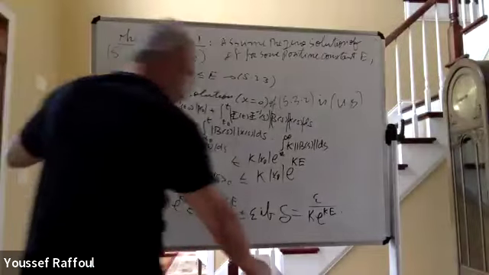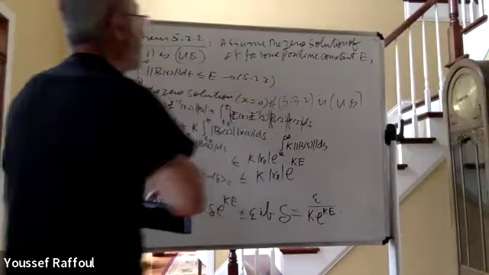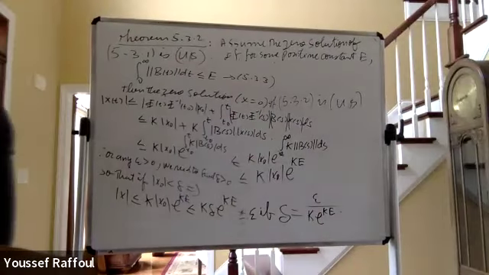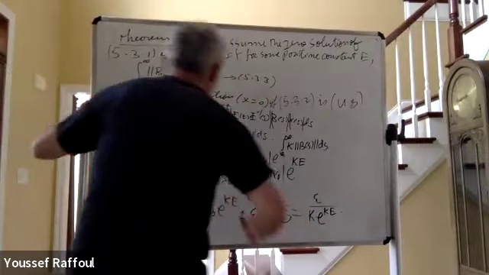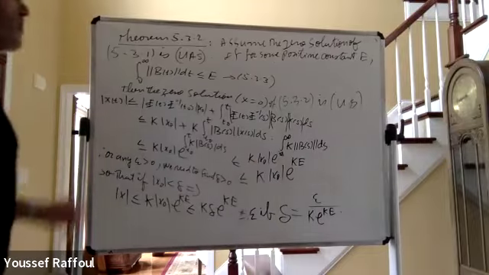Now we're going to take a look at theorem 5.32. Assume the zero solution of 5.31 is uniformly asymptotically stable.